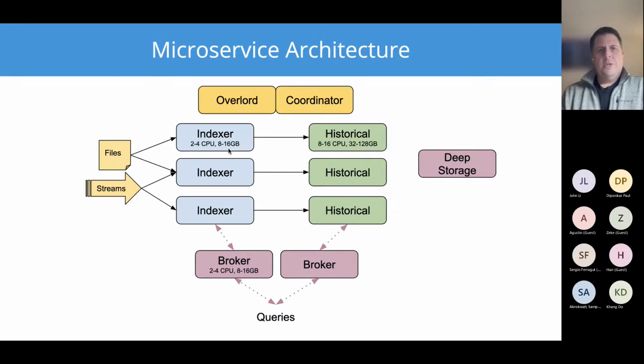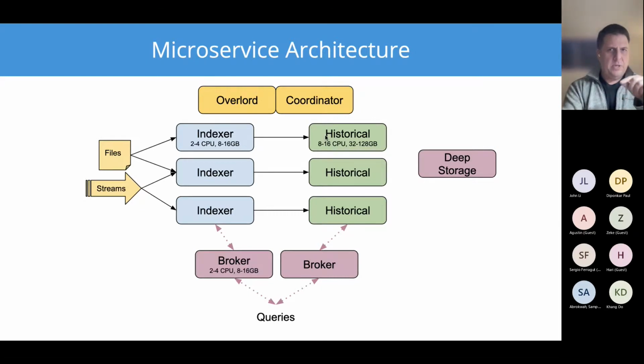But what happens when it reaches past that hour? Well, we need some place that can store data as it moves from the hot data or the near-term data to more historical. We call these historicals. And so the indexer will then create a file, and then it will tell the historical, "Hey, go load this file, and put that into your longer term storage."